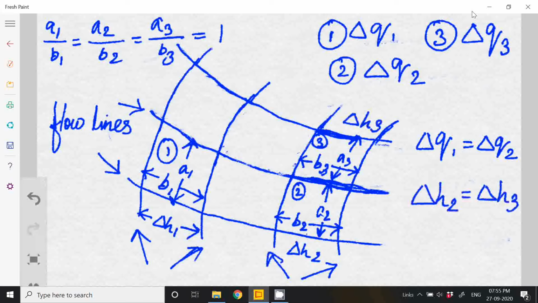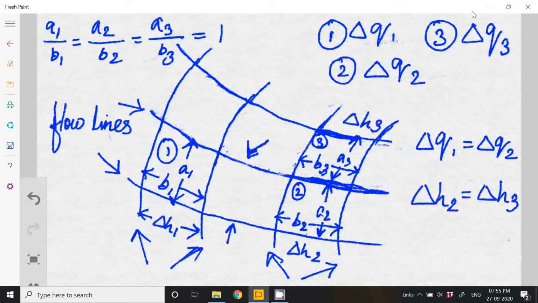Once again I am repeating, delta Q1 and delta Q2 are the same because the flow through field 1 and the flow through field 2 are between the same flow lines. And the change of head, delta H2 for field 2 and delta H3 for field 3, are the same because this flow is between the same equipotential lines.